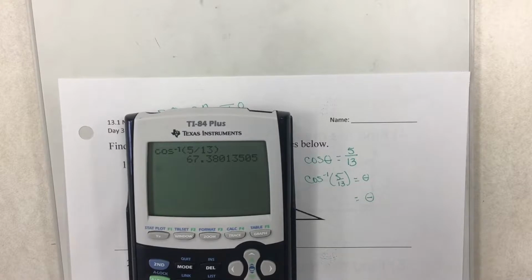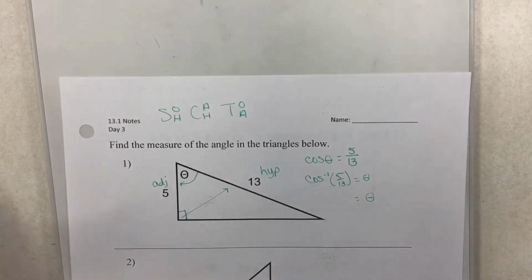Prior to starting, we should have verified what mode we're in on our calculator. We need to be in degree mode. If you're not getting that number, you either picked the wrong inverse to use or you're in radian mode, so make sure your calculator is set appropriately.